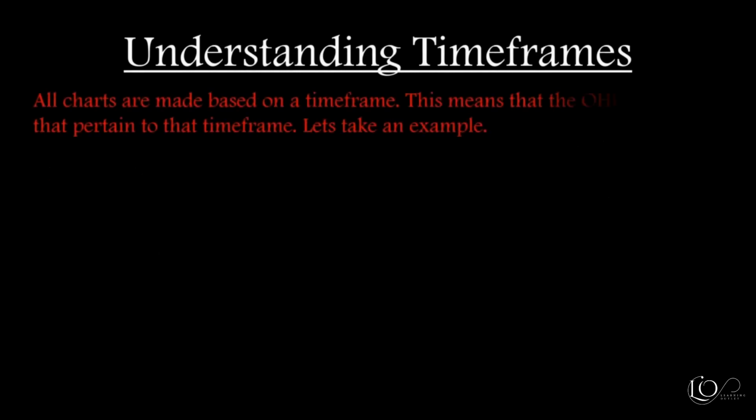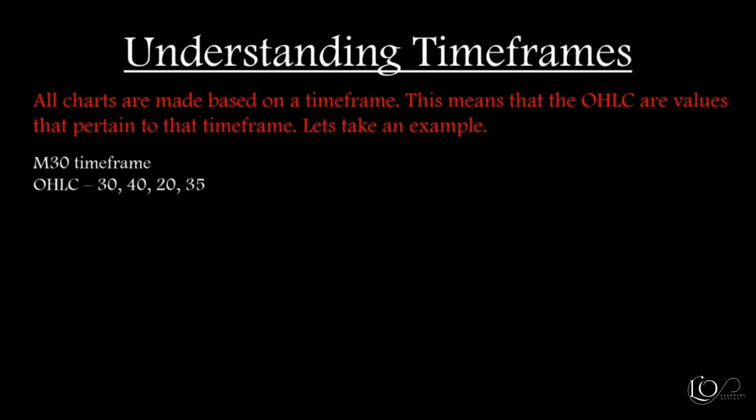Moving ahead, we want to understand how these time frames actually work, and I'm going to take an example so that you have a very good idea how the independent time frames are working. We're going to take the M30 time frame for now, and the OHLC values are 30, 40, 20 and 35. In our previous lectures, we've seen how to create a candlestick based on these OHLC values.